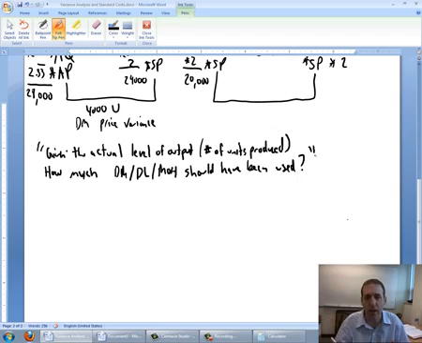That's the question you've got to ask yourself anytime you're calculating standard quantity. Given the actual number of units I made, how much material should have been used?